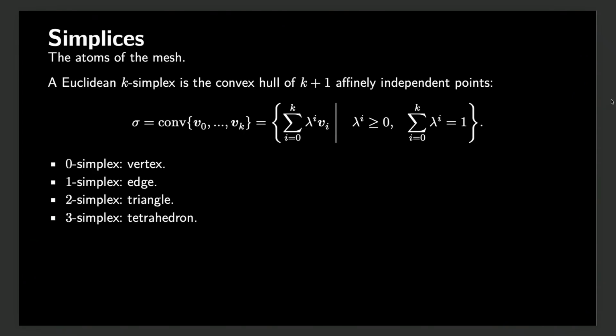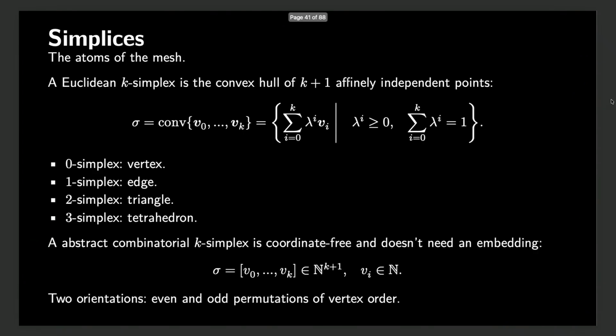To be more in line with differential geometry, we try to separate topology and geometry. So we don't want to use the coordinates in our simplex definition, but instead rely on abstract combinatorial k-simplices, just by numbering through all the vertices in the mesh.